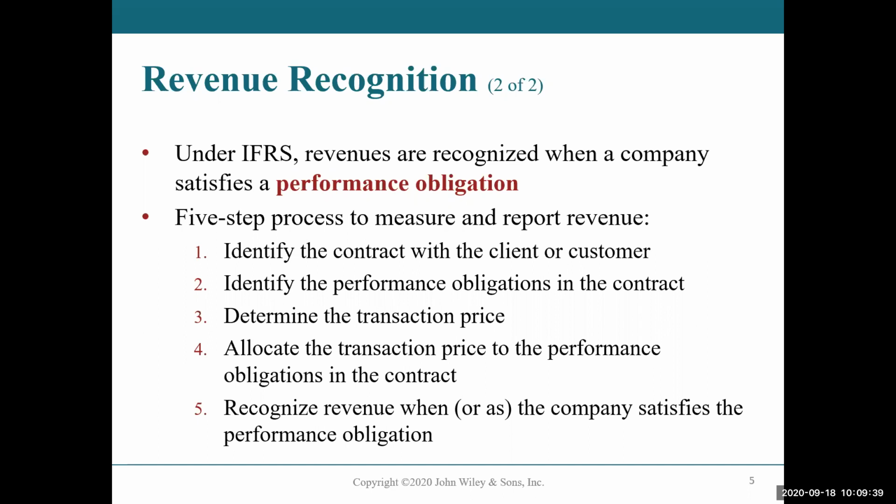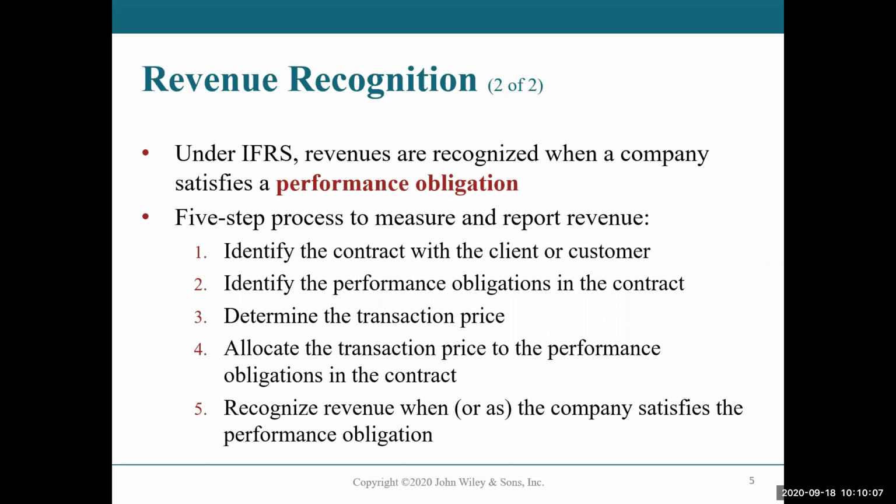The first step is identification of a contract. Is there an existing contract with the customer? That contract can be verbal or written, formal or informal. It can take various forms. Once we establish the existence of a contract, we look at the performance obligations included in the contract.